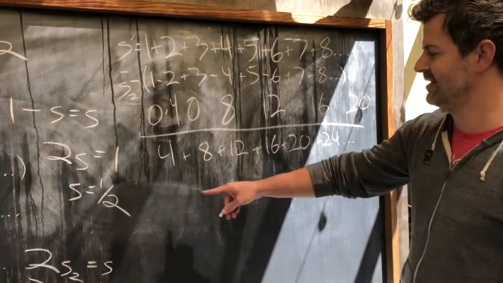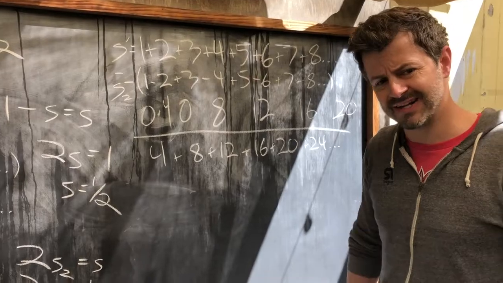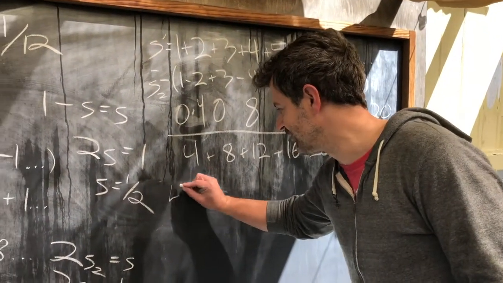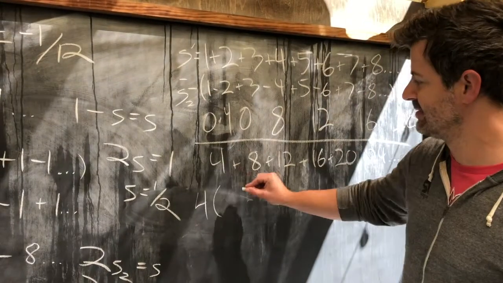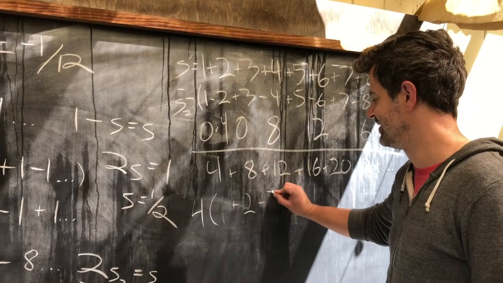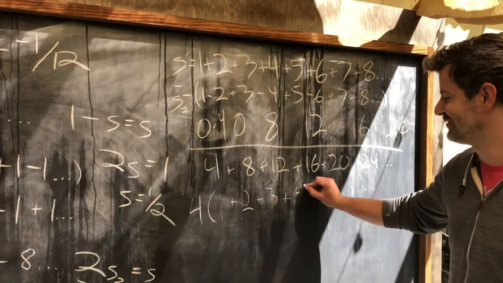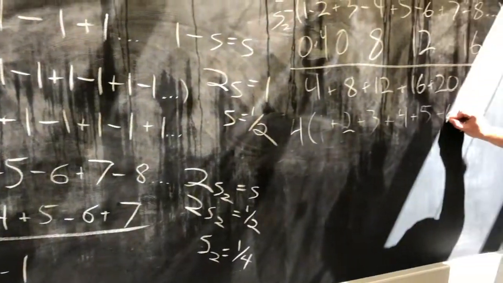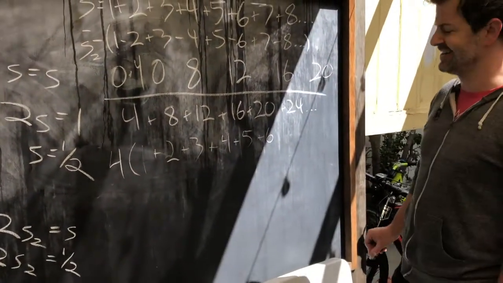Now, these are all multiples of 4, right? What happens when we divide it by 4? If we extract a 4, we have 4 times 1 plus 2 plus 3 plus 4 plus 5 plus... So, what do we have here?